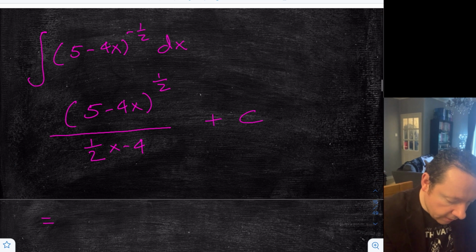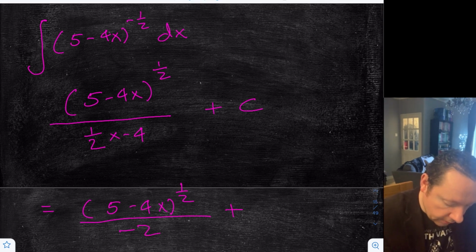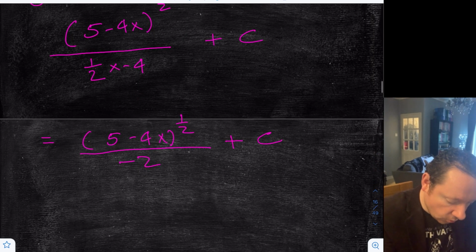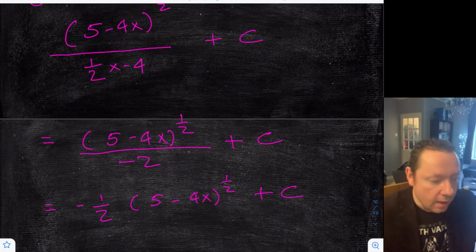So that gives me 5 minus 4x to the half over a half times minus 4, well, minus 4 divided by 2 is minus 2, plus c. Tidying that up, put my minus on top, that gives me minus a half of 5 minus 4x to the half, plus c, and you would be fine just stopping there.